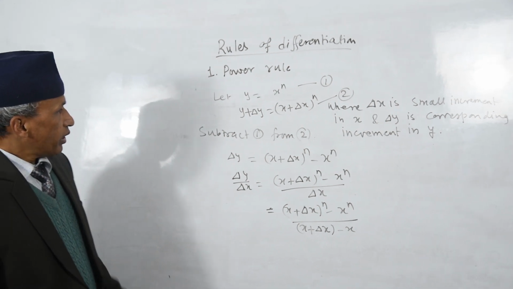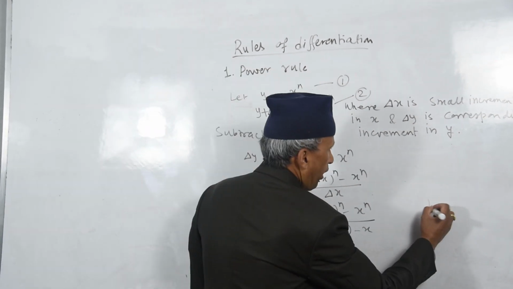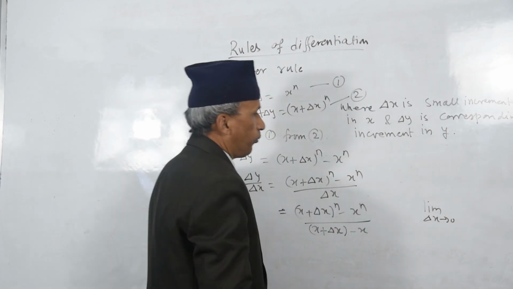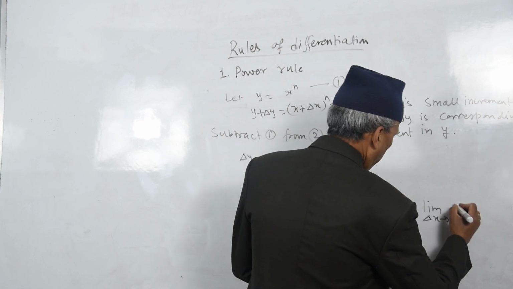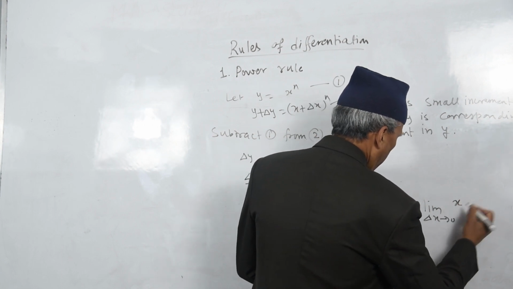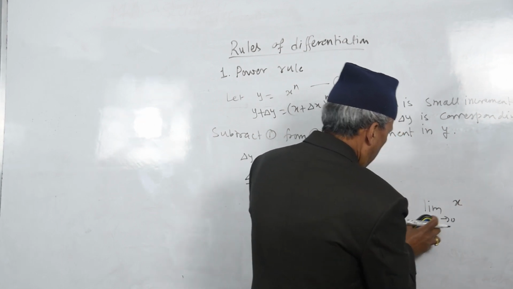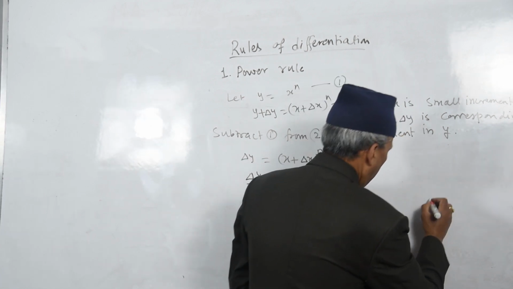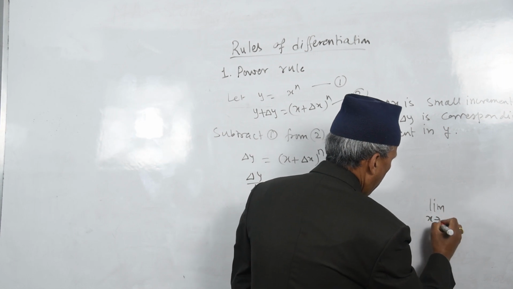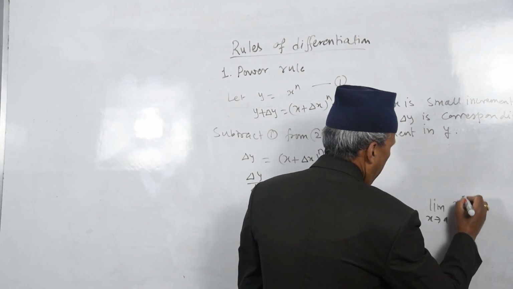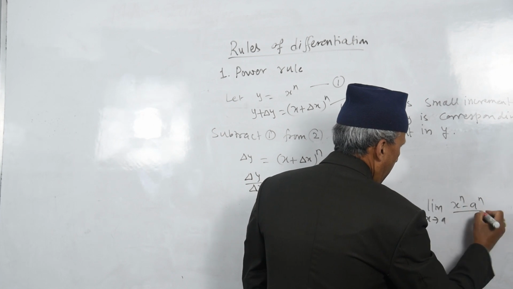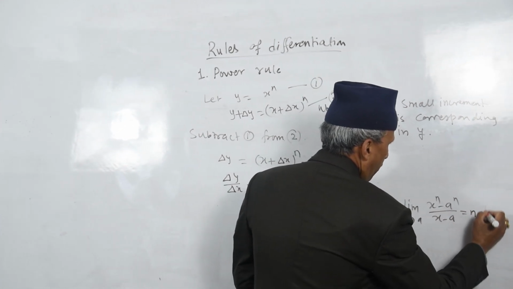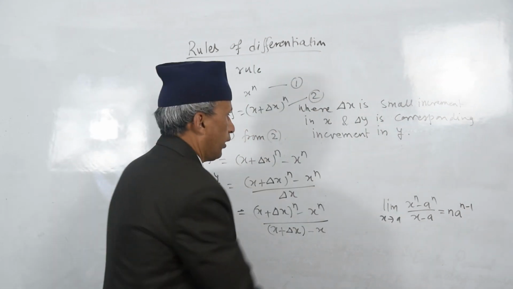In limits we studied that the limit as x tends to a of (x to the power n minus a to the power n) by (x minus a) is equal to n a to the power n minus 1.